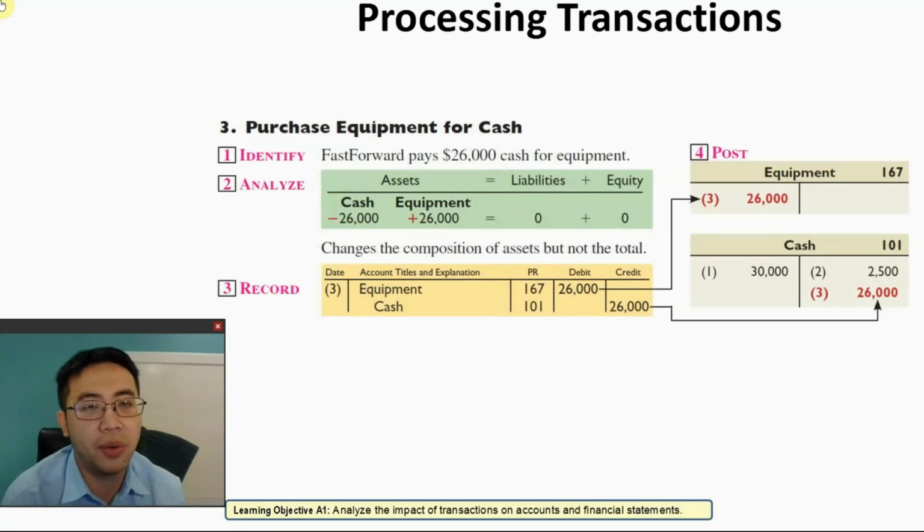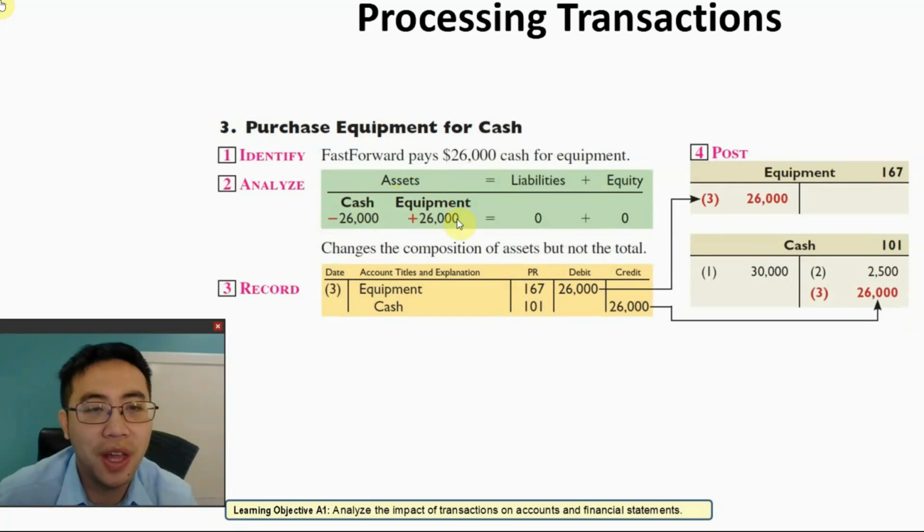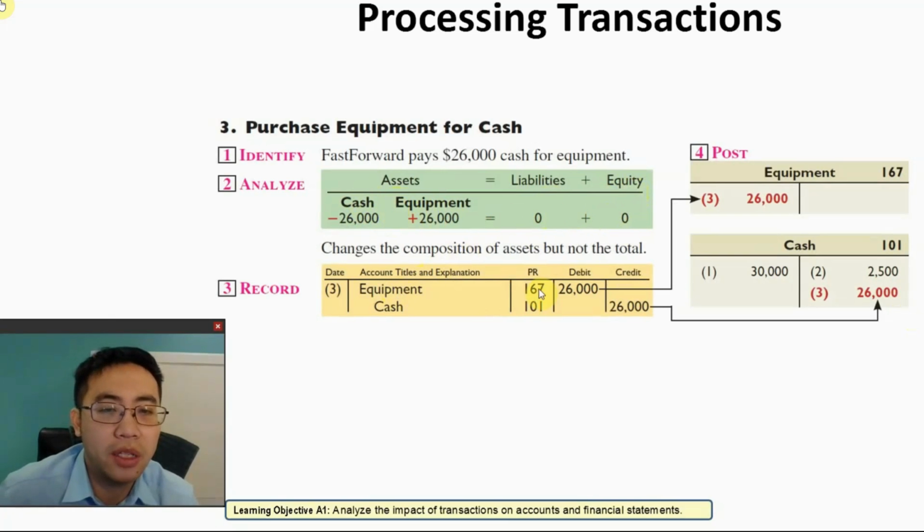The company purchased equipment for cash. The company pays $26,000, and you will see the equipment increased by $26,000. The cash got reduced by $26,000. Liabilities and the equity do not change at all. Equipment is marked as item 167, and there's a debit because as an asset, equipment increases, and the cash got a decrease, so that's a credit.